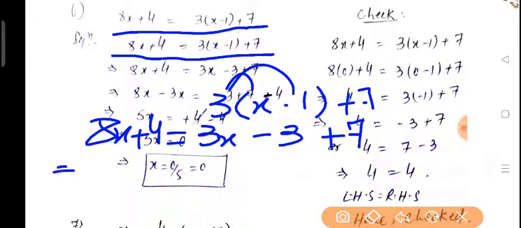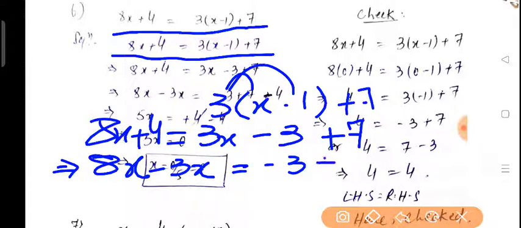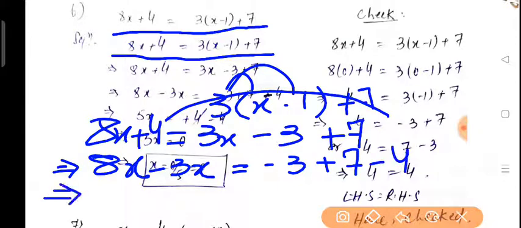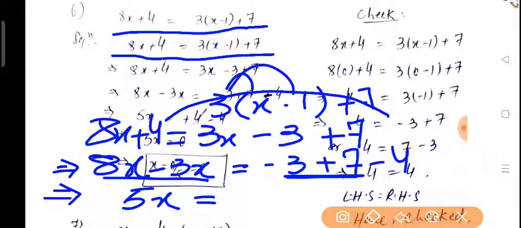Then, my dear friends, we can put the variables on one side and constants on the other side. 8x minus 3x is equal to minus 3 plus 7 minus 4. When we shift the 4 to this side, it becomes minus 4. What we get: 8x minus 3x is 5x, is equal to, first we try to solve these two numbers, plus 7 minus 3.